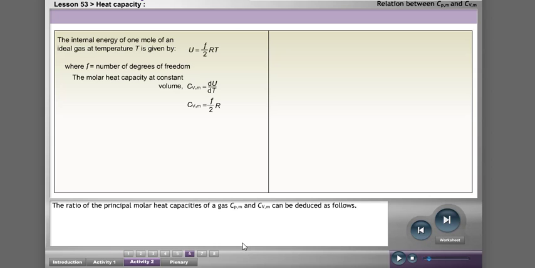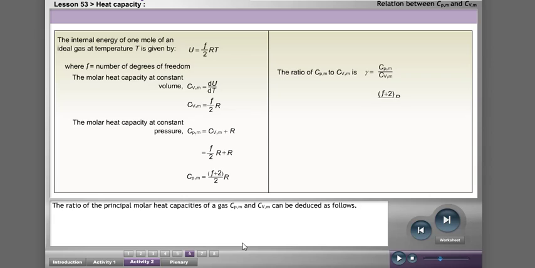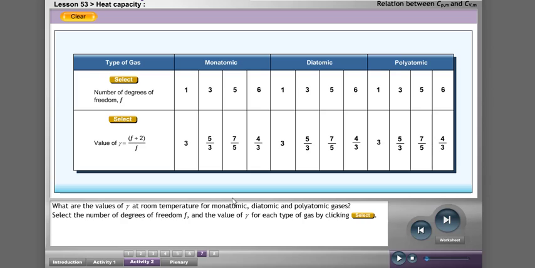The ratio of the principal molar heat capacities of a gas Cp,m and Cv,m can be deduced as follows. What are the values of gamma at room temperature for monatomic, diatomic and polyatomic gases? Select the number of degrees of freedom f and the value of gamma for each type of gas by clicking Select.